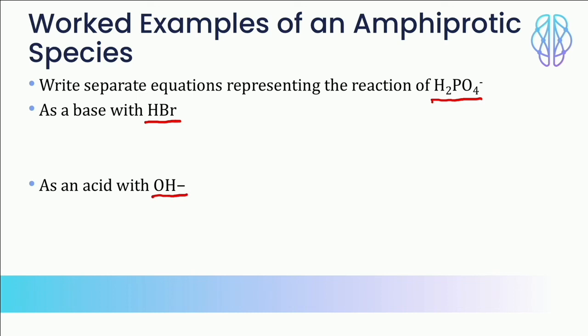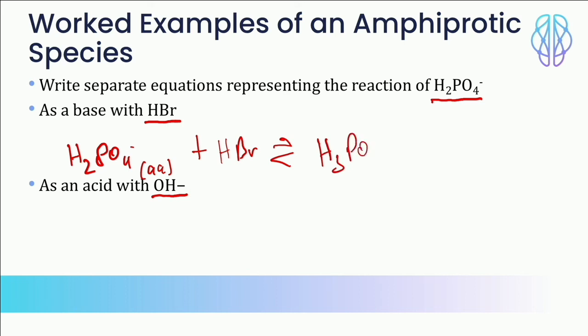So now we'll write the equations for both. So we have H2PO4 minus, don't forget your states, plus HBr reacts to form. So it's going to act as a base, so H3PO4 plus the bromine anion.